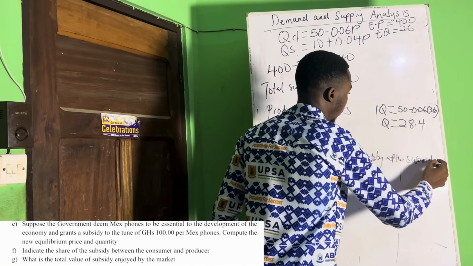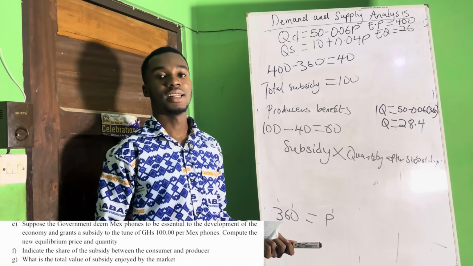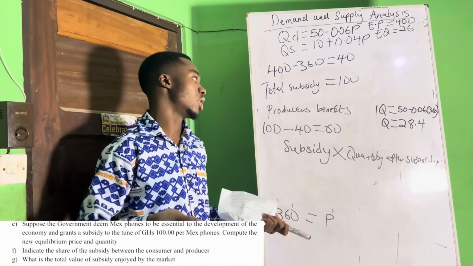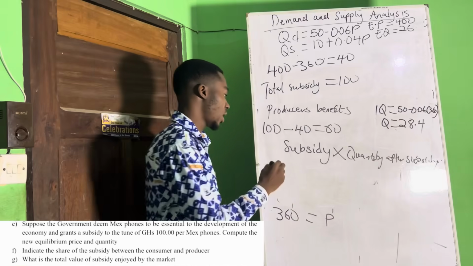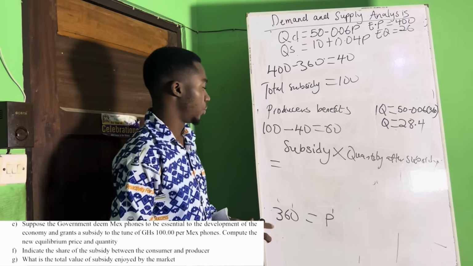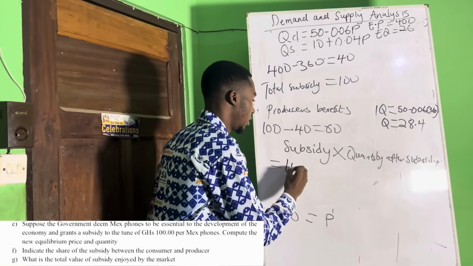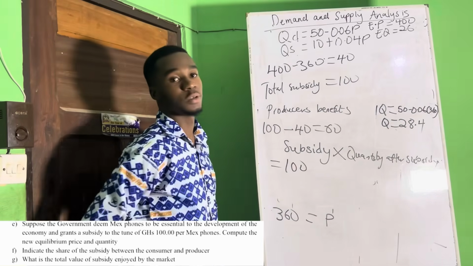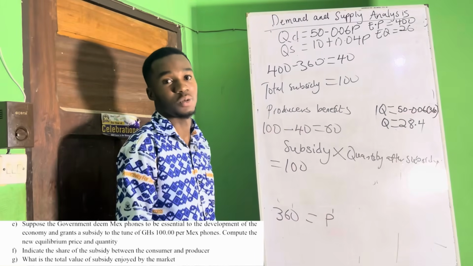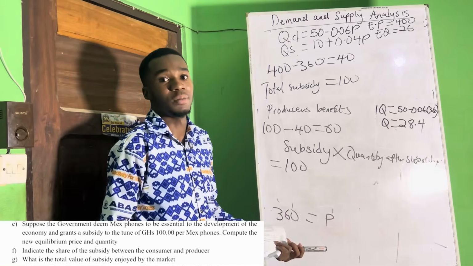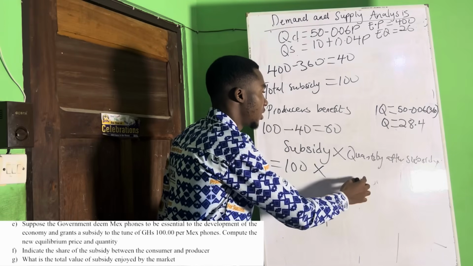The question is just trying to say that now that the subsidy has been introduced, how is it going to benefit the producer? So if you want to get how much the producer has benefited from the subsidy, it's going to be the subsidy itself times the number of quantities he has sold after the subsidy was introduced. It's after the subsidy was introduced that he was enjoying the benefits. So times the quantity after the subsidy.